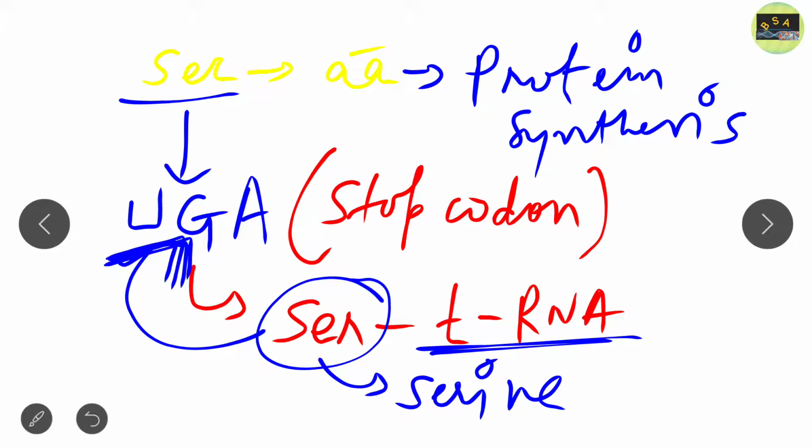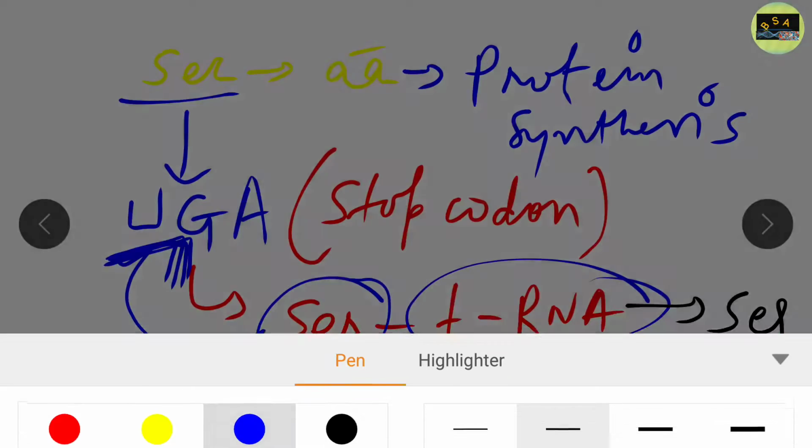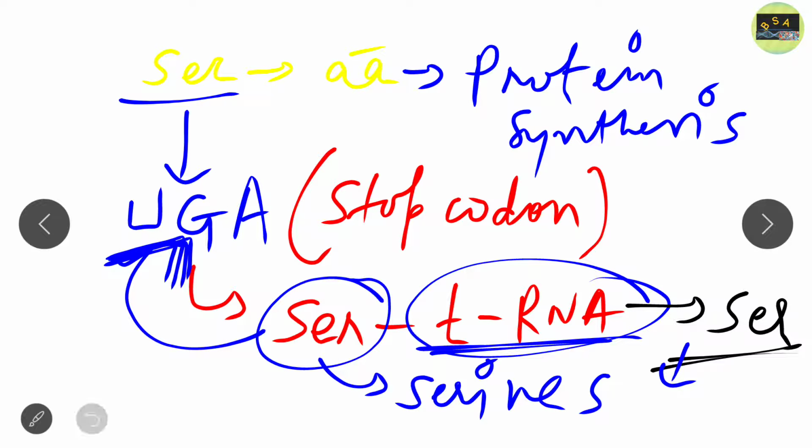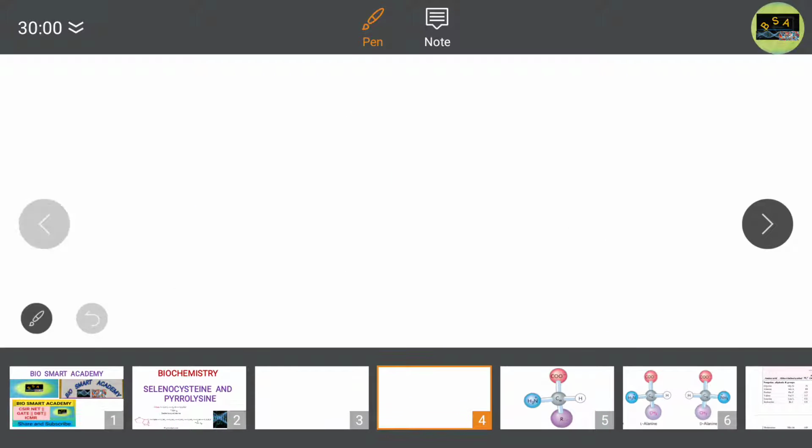This tRNA is charged with serine by the normal serine aminoacyl tRNA synthetase enzyme. So till now you have a clear idea.